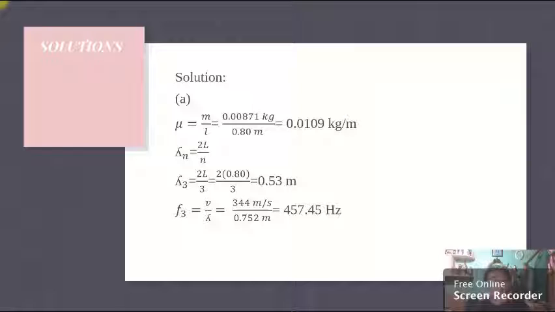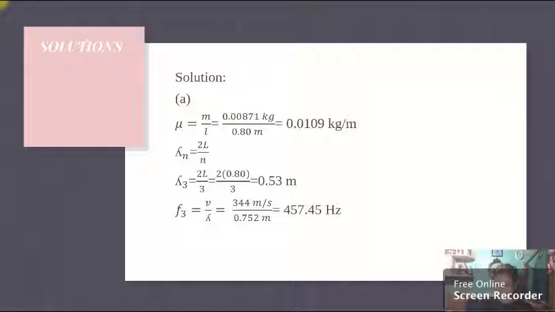The next one is we need to compute for the wavelength in the second overtone, or the third harmonic. So we have an equation of lambda n is equal to 2L over n, where n is the harmonic number.